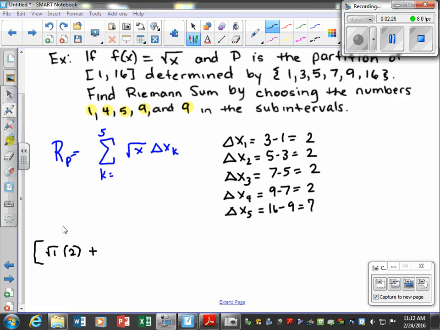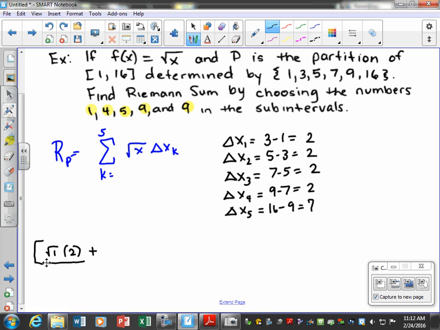Okay, here, so we have the square root of x, our first x value is 1, and the width of our first partition is 2, so that's from right here. That's going to be our first rectangle. The second rectangle will be the square root evaluated at 4, because they told us the evaluation points, and the width of partition 2 is 2, plus so on and so forth.